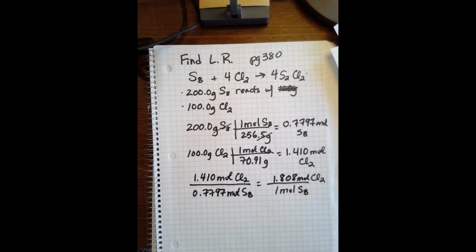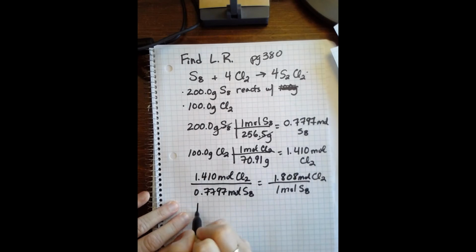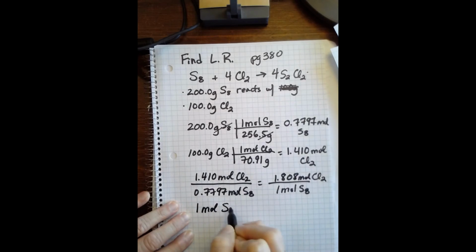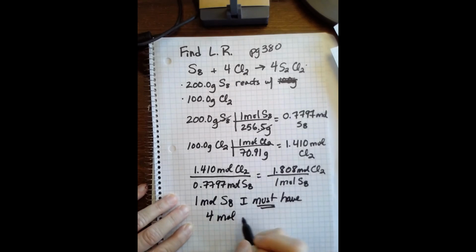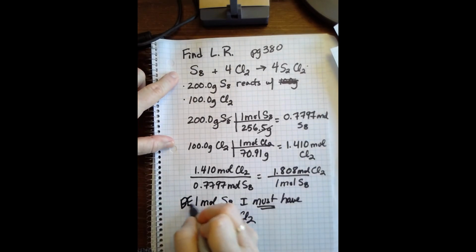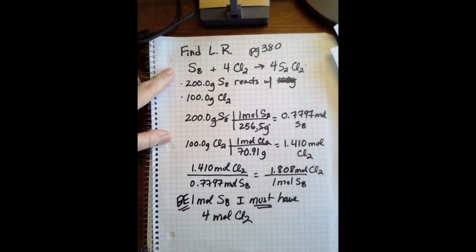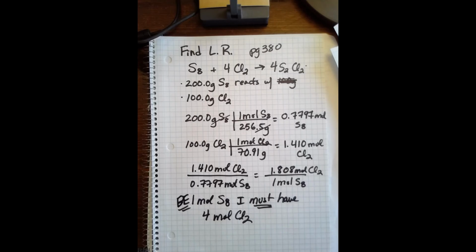Now, I look back at my balanced equation, all right? And this is where we compare. The balanced equation says for every 1 mole of S8, I must have 4 moles of Cl2. That's what the balanced equation says, those are the facts. For 1 mole, I have to have 4 for this equation to proceed.